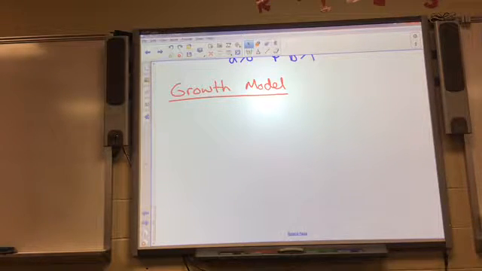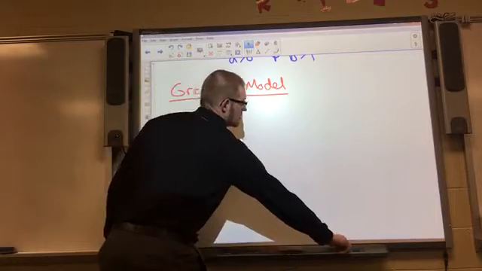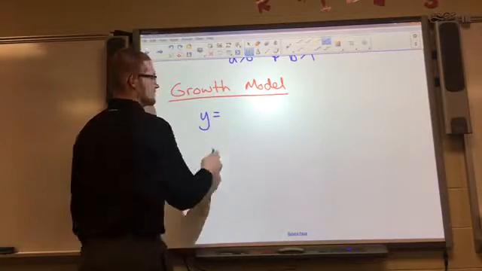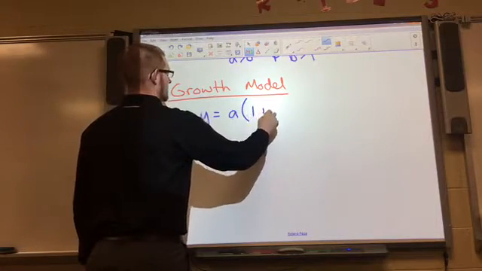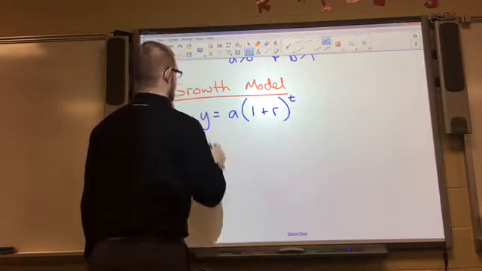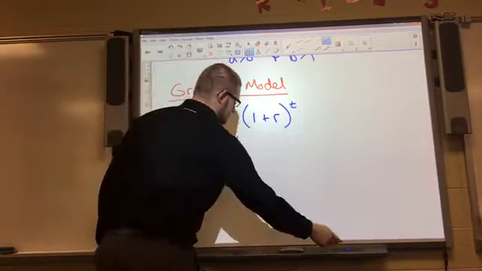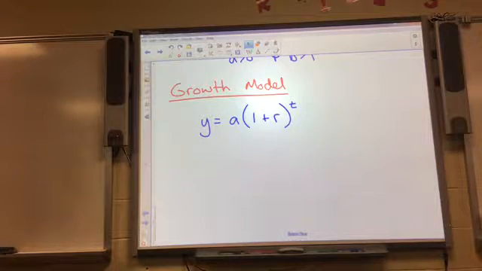All right. Growth factor. This is just going to be an equation for you guys. It's going to be y equals a(1 plus r) to the t. There's a lot of things that we can use this for.